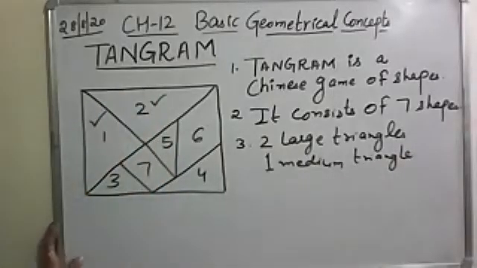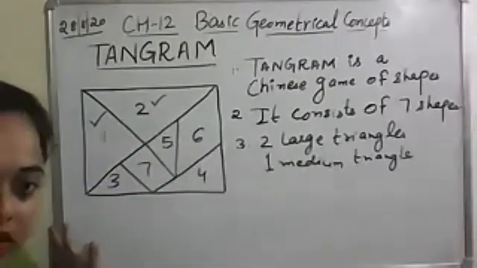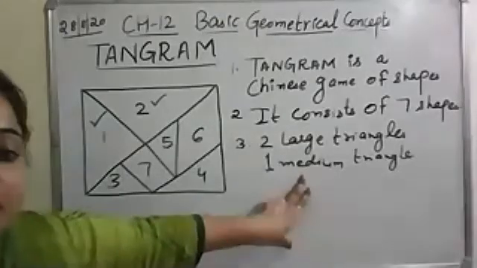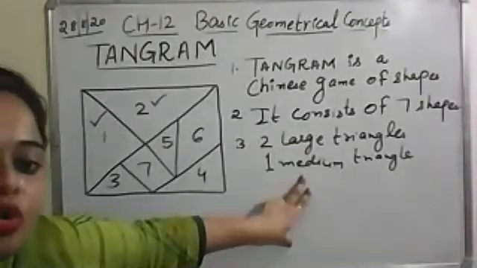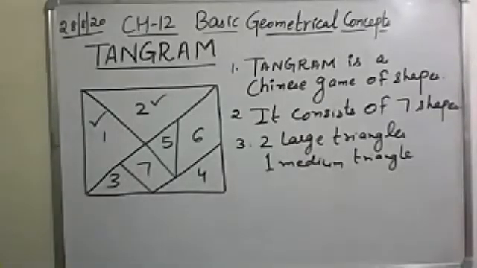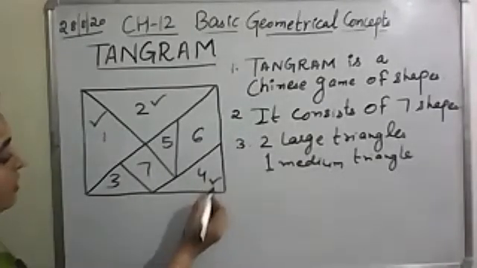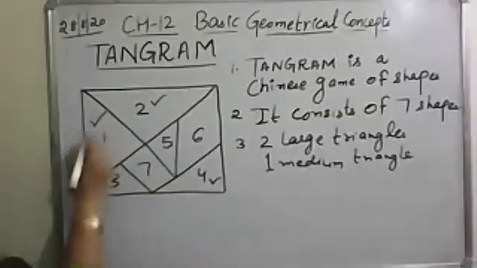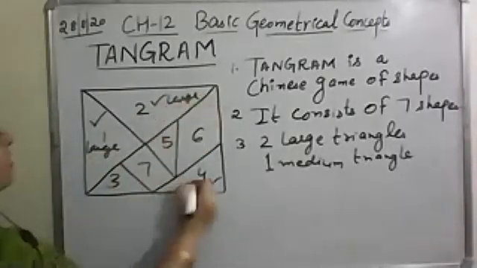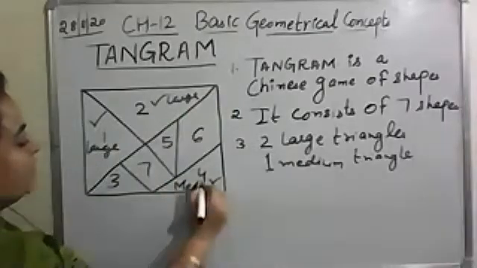Medium means not too big, not too small. So this 4 is the medium triangle. These 2 are large triangles, and this triangle is the medium triangle.